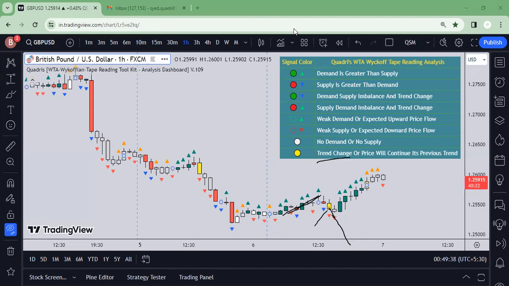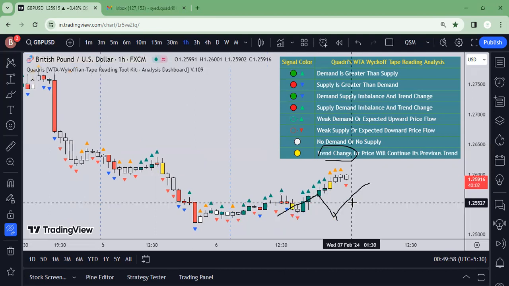We don't know, but there would be some depreciation, and it depreciated. Second thing, it acted as a trend change. So this one, pullback, and then continuation.